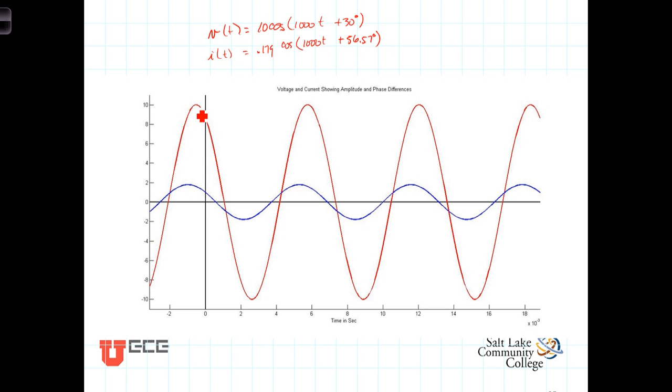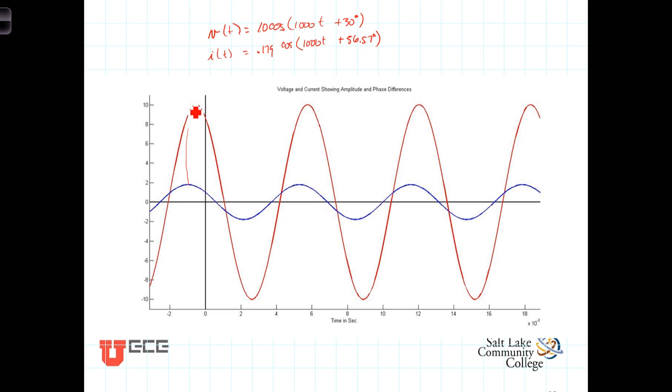So here's the voltage. It's got an amplitude of 10 volts, and it has been shifted to the left by 30 degrees. The current has an amplitude of 0.179, and it has been shifted to the left 56.57 degrees.